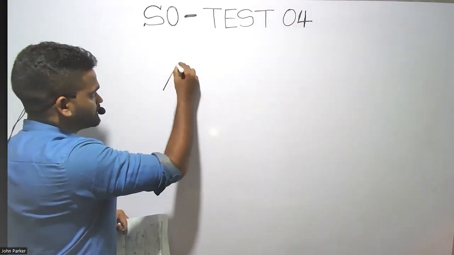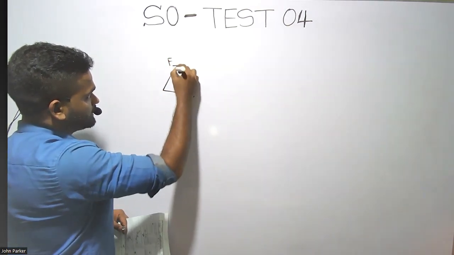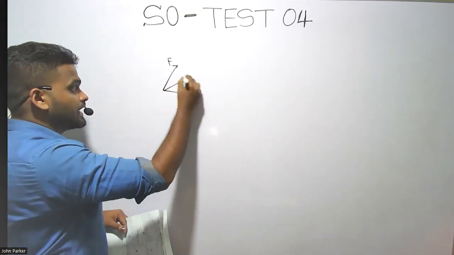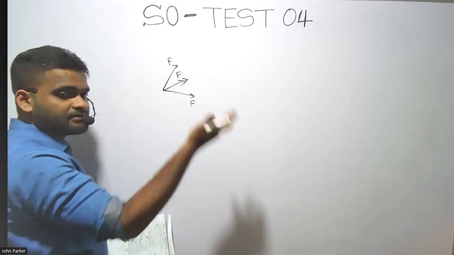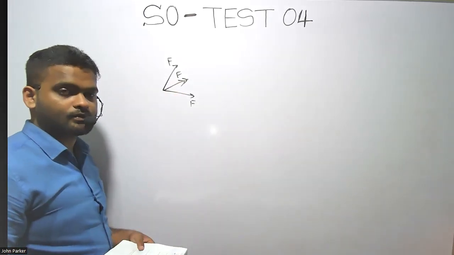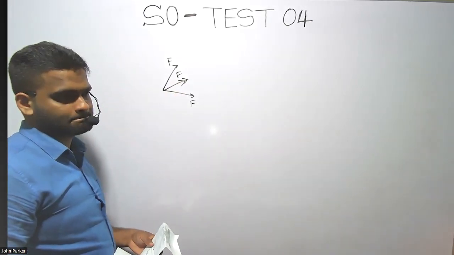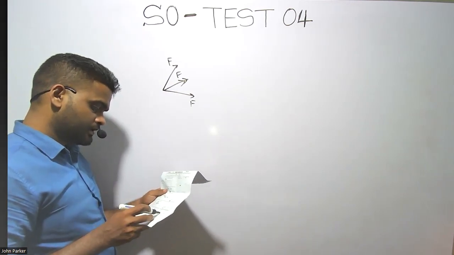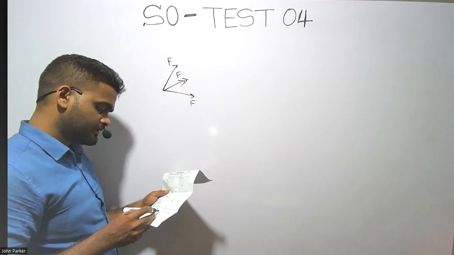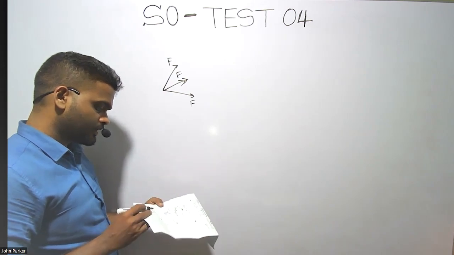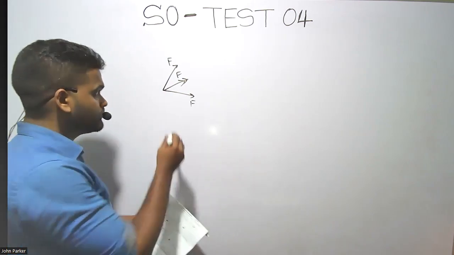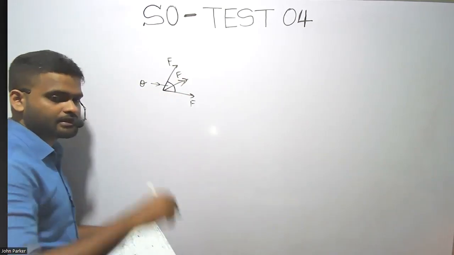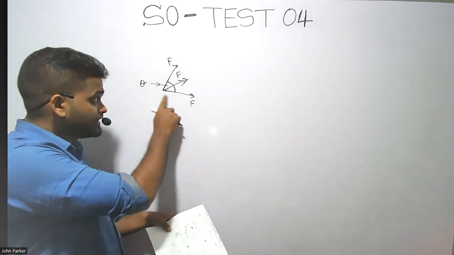So what they say is we have two vectors and the resultant of those vectors also is F. What they ask is, when does this happen? In order for this to happen, what should be the inclination between the initial vectors? Initial vectors means these two.